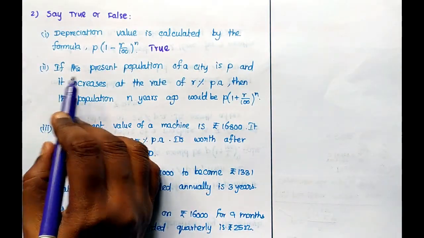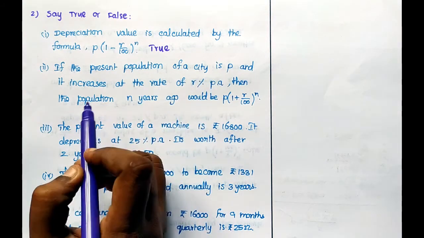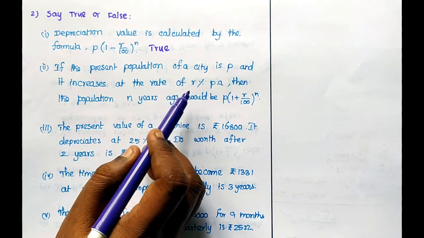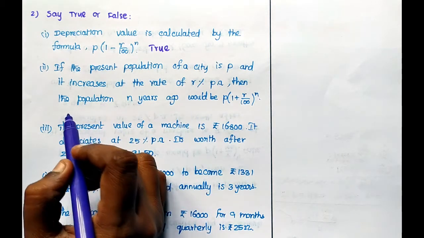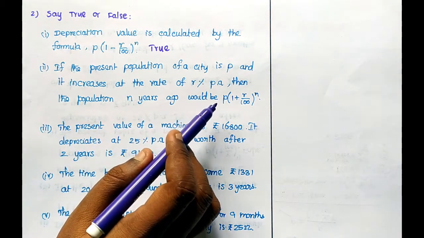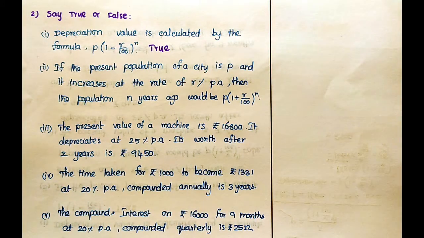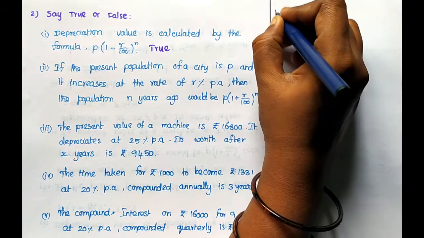Second one, if the present population of a city is P and it increases at the rate of R percentage per annum, then the population n years ago would be P into 1 plus R by 100 power n. Listen here.